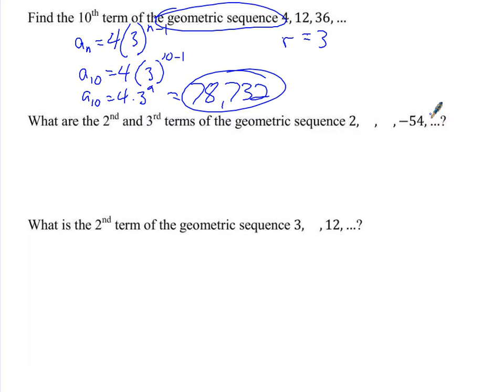So, all that aside, to do these problems, remember what we did with the arithmetic sequences when you had missing terms. What do we know in this problem right now? We know the first term, which is 2. What else do we know? We know the fourth term. A sub 4 equals negative 54. And we know it's a geometric sequence.